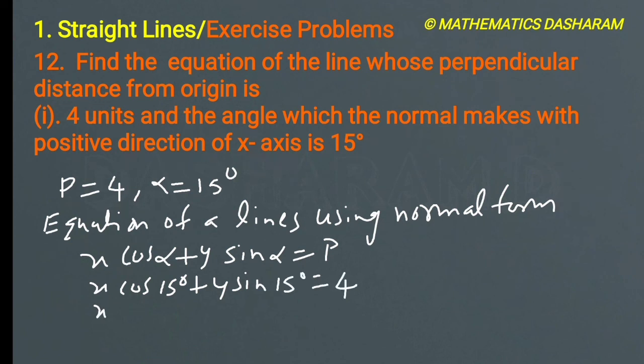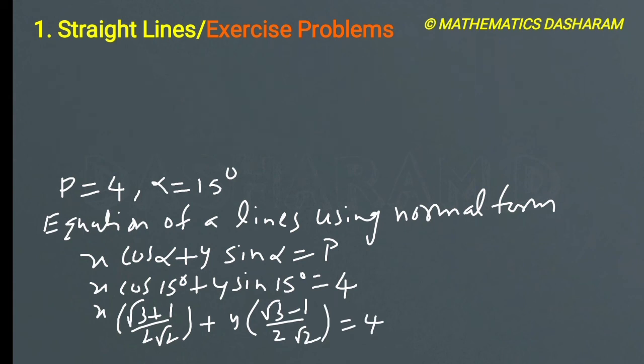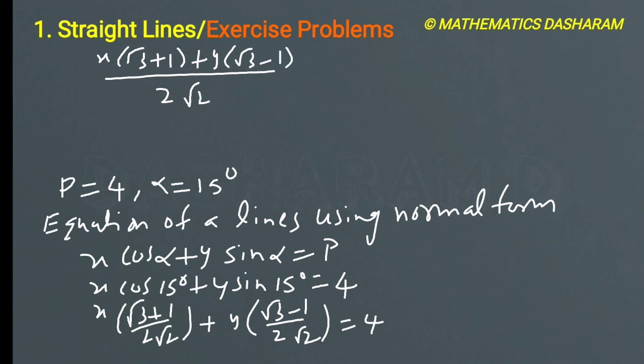X into cos 15 degrees is root 3 plus 1 by 2 root 2, plus y into sin 15 degrees, root 3 minus 1 by 2 root 2, equals 4. So here the LCM is 2 root 2. So x into root 3 plus 1 plus y into root 3 minus 1 equals 4 into 2 root 2, transposing 2 root 2 to the RHS side.